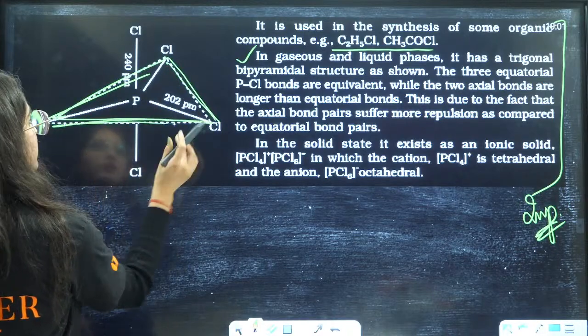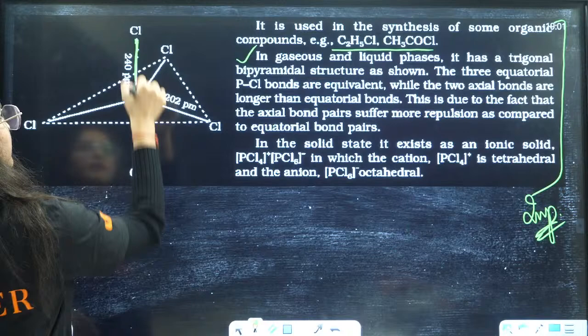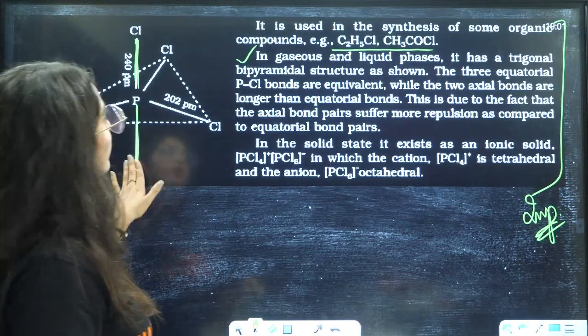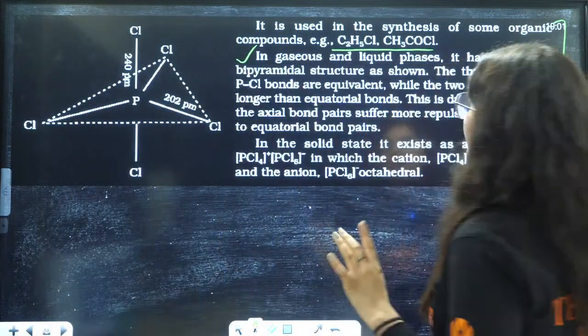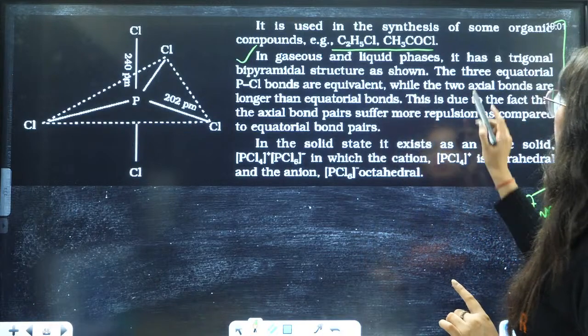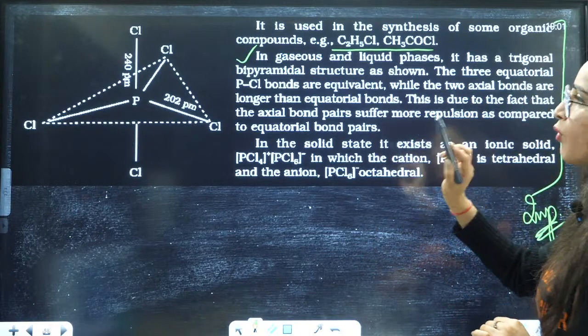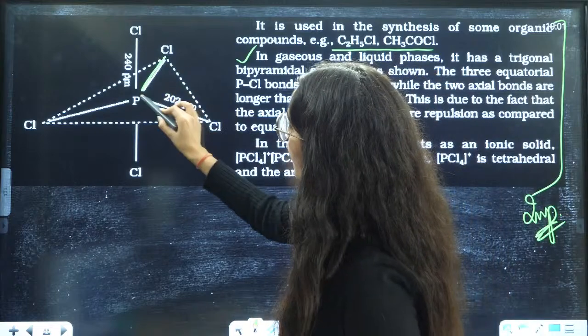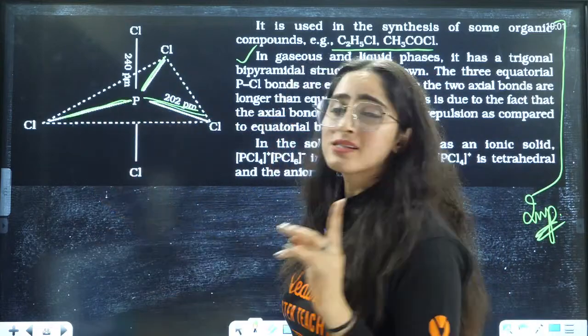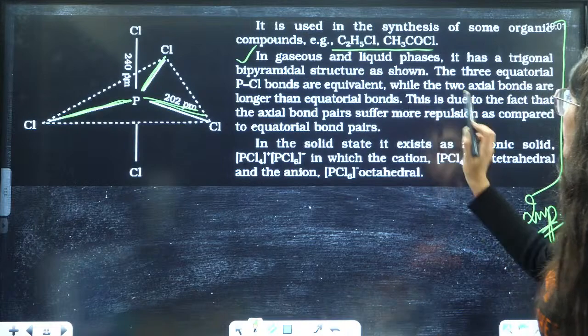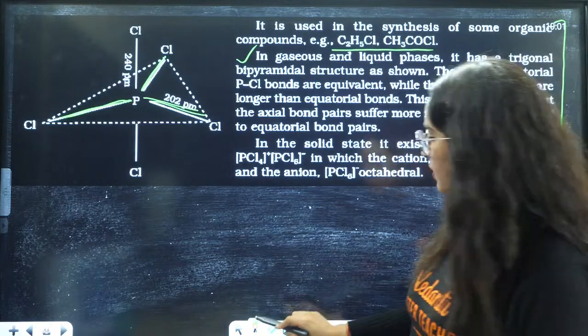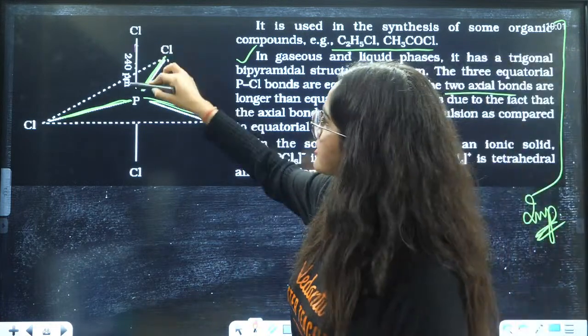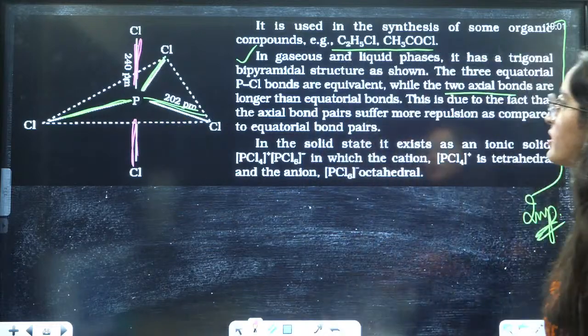This is trigonal, and this is above and this is below, right? So, in the gaseous and liquid phase, it has a trigonal bipyramidal structure. These three are the equatorial bonds, which are strong, but the axial bonds are weak. These two, this one and this one, are the axial bonds.